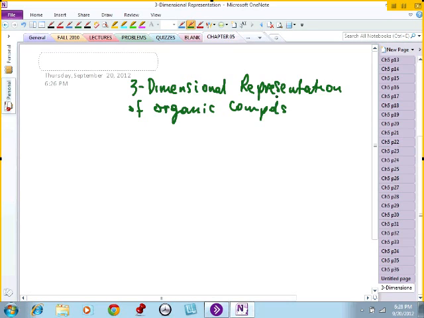If this hydrogen and chlorine are coming at you in a horizontal orientation, the other two bonds attached to this carbon go away from you in a vertical orientation.